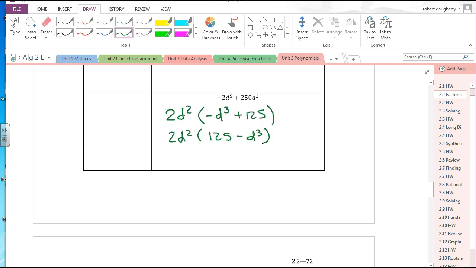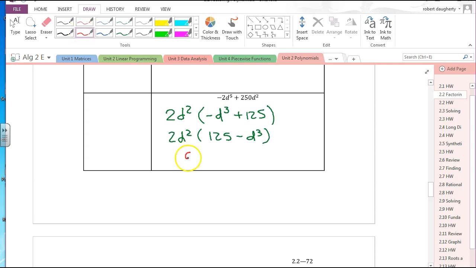It is the difference of two cubes, okay? If you called it the sum of two cubes, then you're going to have negatives in here because the cube root of this is negative d. So you're going to deal with that formula with negative signs in it. Just write it as either a cubed plus b cubed or a cubed minus b cubed. So this is better done as the difference of two cubes.